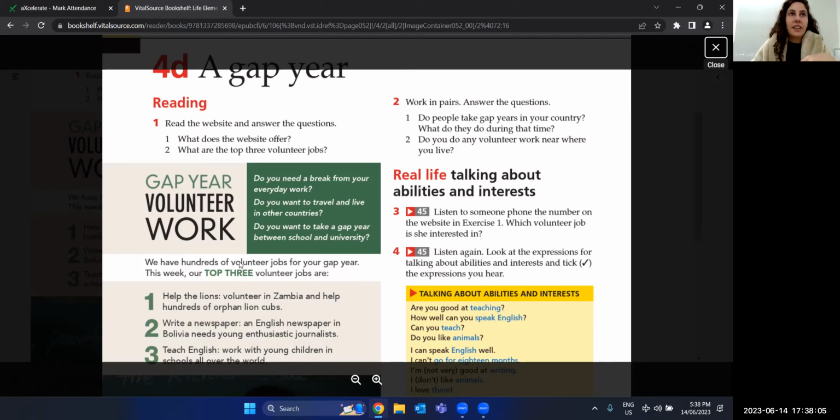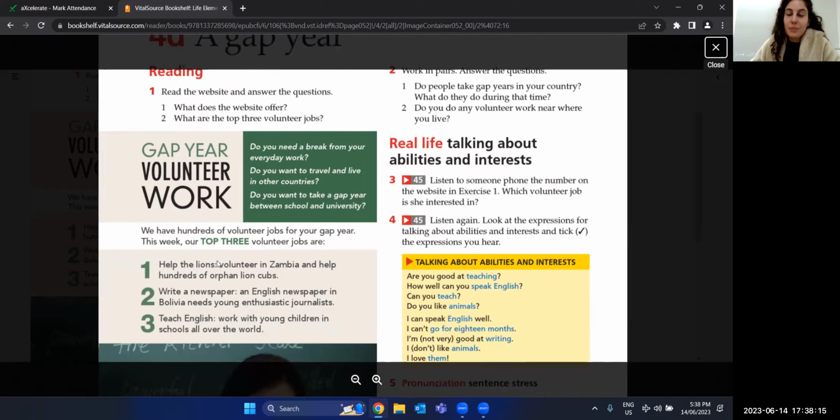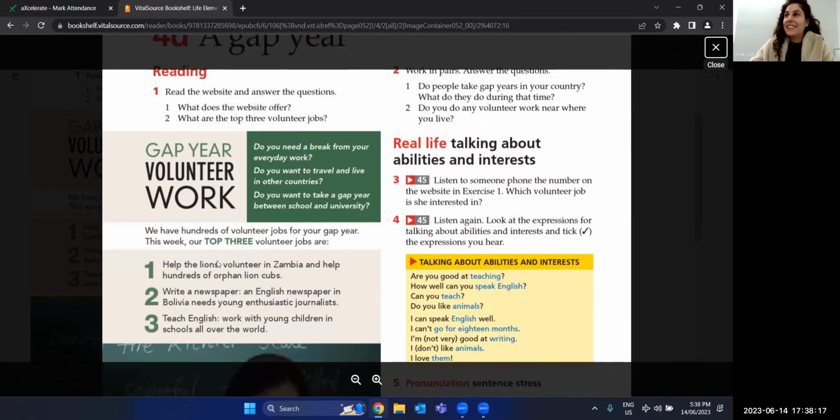It's not offering books or stuff like that. It's just offering work, but volunteer work. What are the top 3 volunteer jobs? Yes, to help the little lions, to help the newspaper, and to teach English.